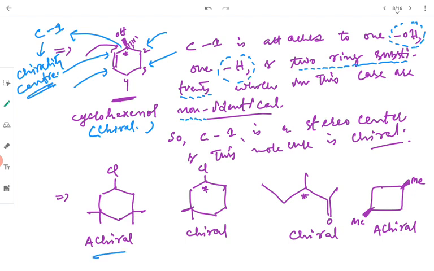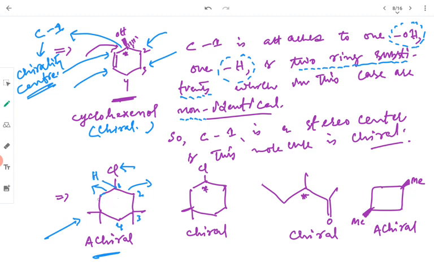Moving on to this molecule, this one. You see this carbon number 1 here, 1 2 3 4. This carbon number 1 is attached to one chlorine, it's attached to this ring substituent and this ring substituent, and obviously there is a hydrogen here, right?